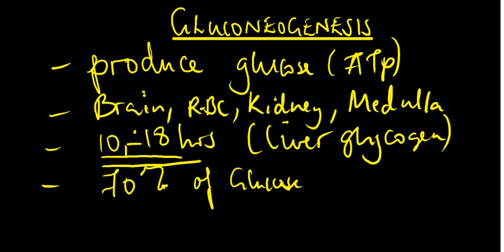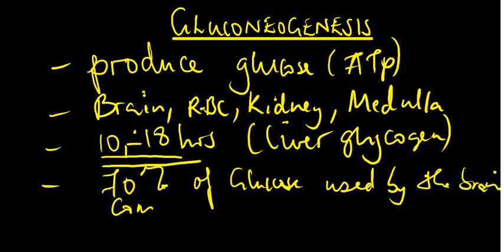So if the brain uses 70% of the glucose that comes from the liver, whenever the liver glycogen is depleted, it now has to rely on gluconeogenesis, which is the process that we're going to be talking about quite shortly.